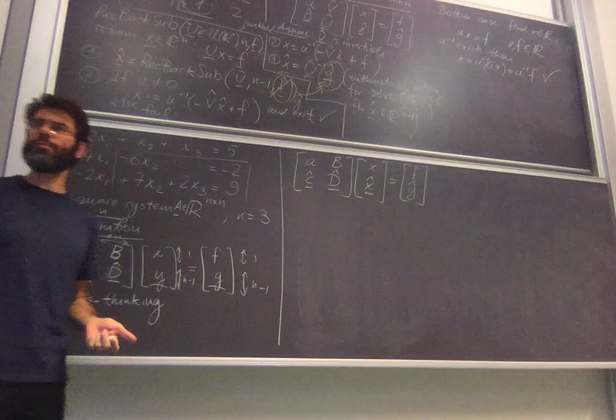Now, if you remember matrix-vector multiplication, what does it mean to linearly combine the rows? Yesterday we did linear combinations, which were very abstract things. But at some point I wrote you a quick way of writing the linear combination of columns.